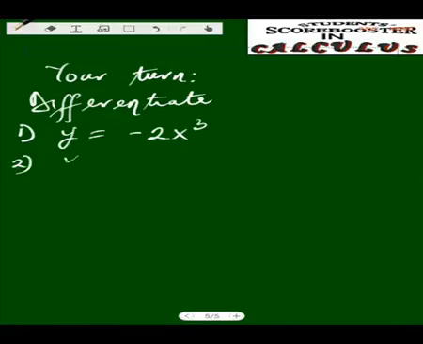Question 2: y is equals to 1 over 2 x raised to power 4. Question 3: y is equals to minus x. So try your answer on that, and it's very simple. So just see what you're gonna get.